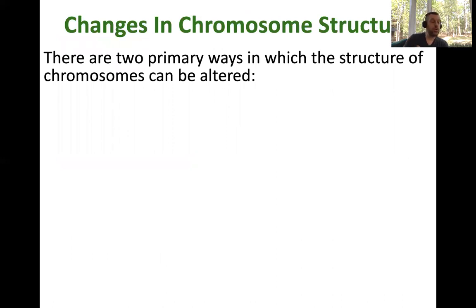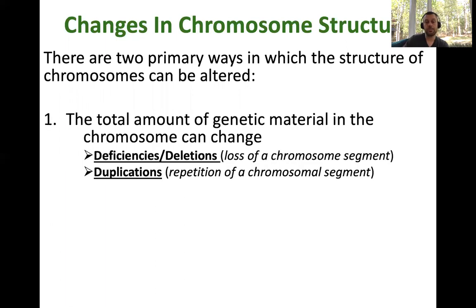So that's sort of how you can examine human karyotypes and look at chromosome structure writ large. And what we're going to talk about for pretty much the rest of today, or this lecture for sure, and also the next one, are the ways in which the structure of chromosomes can be altered, which can cause problems in the organism.